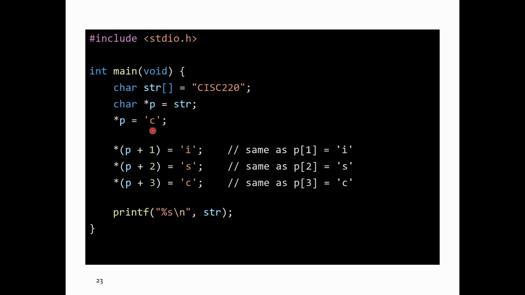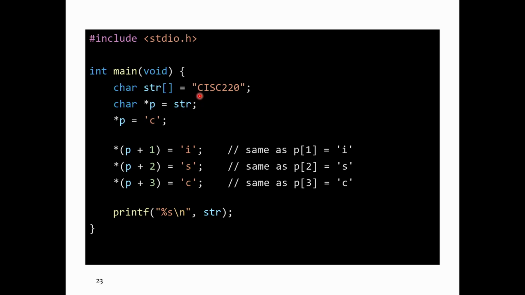A pointer to an array is synonymous with the address of the first element of the array. So if I dereference that pointer, if I write star p equals little c, it changes that big C to a little c.